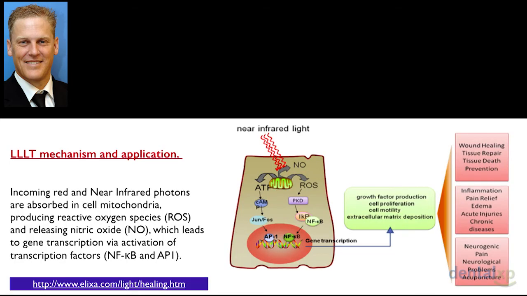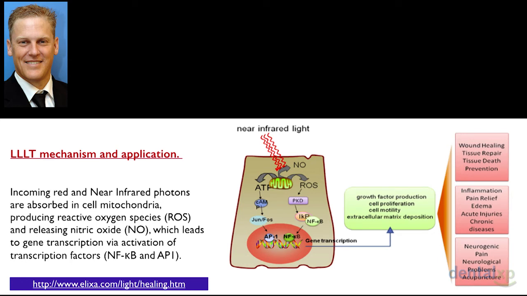How does it work? Well, the low-level laser therapy doesn't actually cut, and the near-infrared light will be absorbed in cell mitochondria. And these cell mitochondria release ATP, nitric oxide, and reactive oxygen species, which create gene transcription. And this gene transcription is responsible for growth factor proliferation, cell proliferation and motility, and an increase in extracellular matrix deposition.